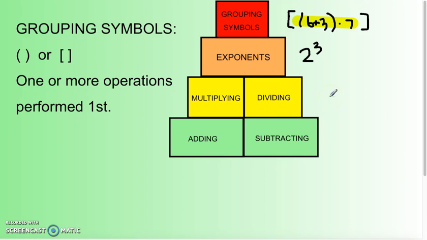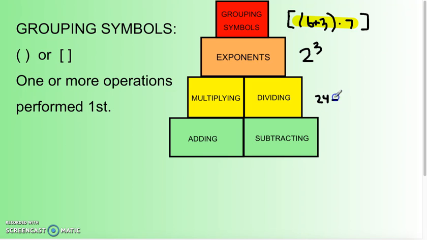Our third step is to find anything that has multiplication or division in it. And notice they are on the same level and they have the same color because they are treated the same within an expression. We are going to do whatever comes first in the expression.